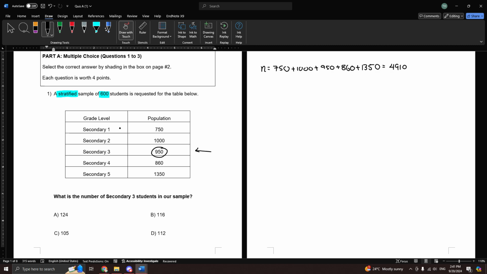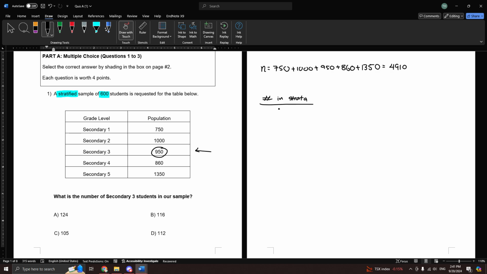So let's remind ourselves of the formula we're going to be using for any stratified sample question. If you don't have it in your memory already, I highly recommend you write that down. It's going to look something like this. On the top left, we have the number in the strata, so how many people are in our strata of interest.